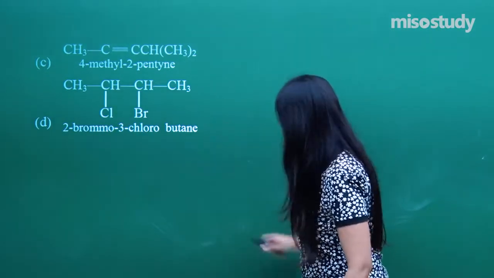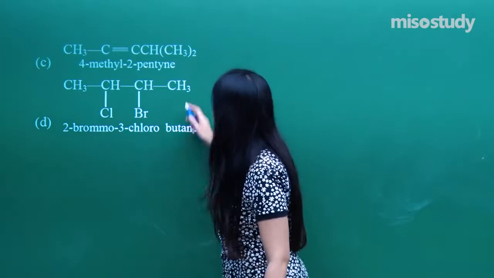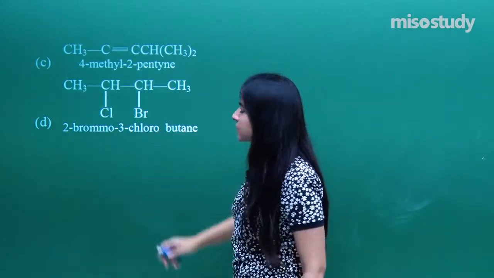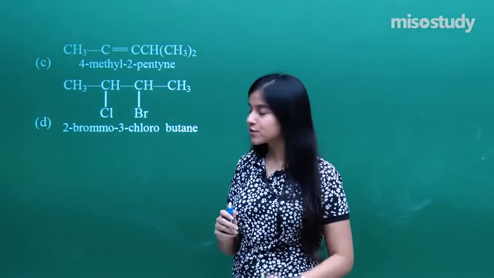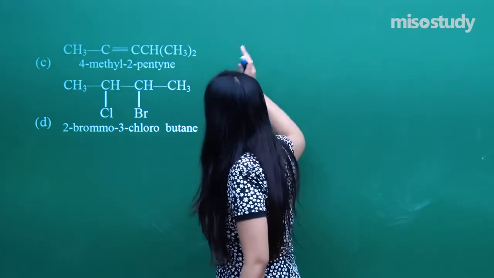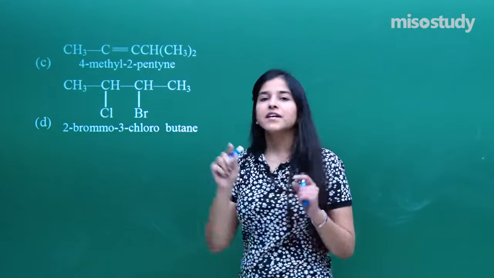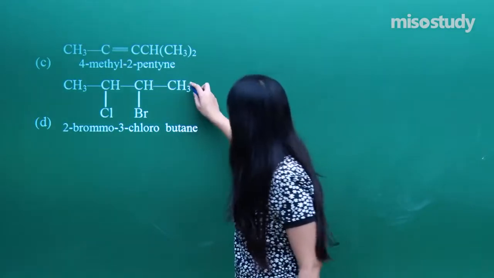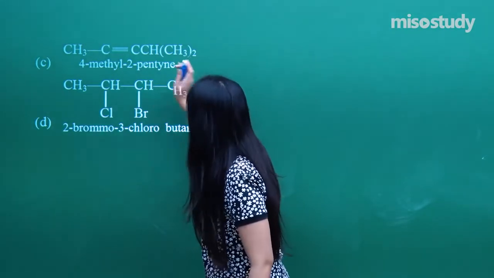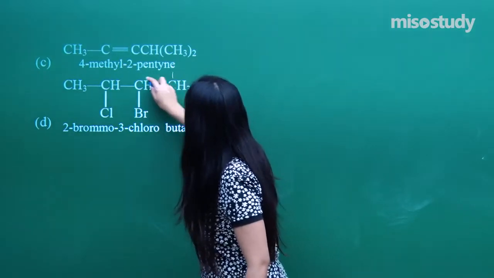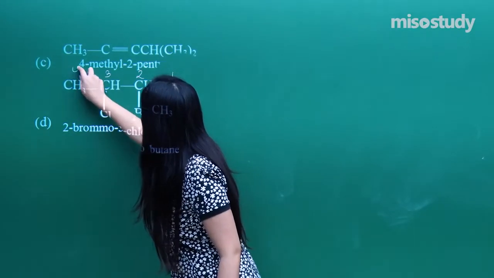So here I've got a compound which should be named. How it should be named, that is the question. Either I can go from right to left or left to right. As per the alphabetical order, if I go from right to left, we get 1, 2, 3, 4.